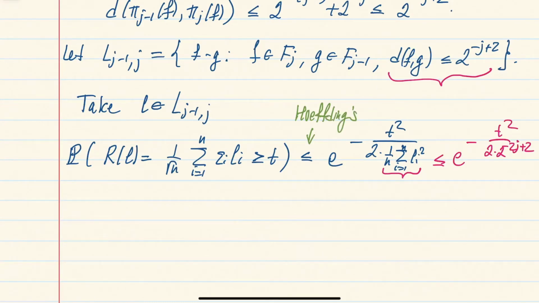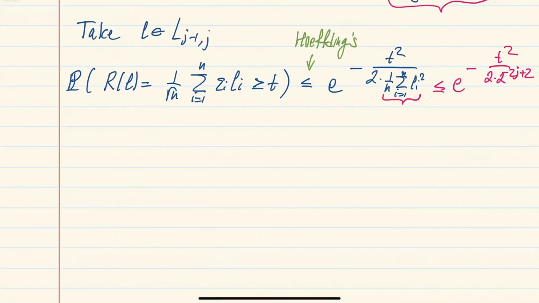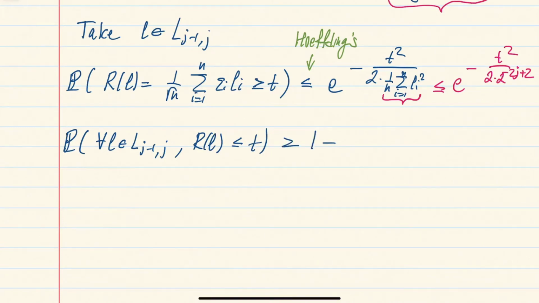Then we use the union bound, because we want to control all links simultaneously. I'm going to go to the complement. So for all links that connect level j minus 1 to j, we control the Rademacher process on this link by t with probability at least 1 minus the sum over all these links, so the cardinality of the set of links, times the exponential above.